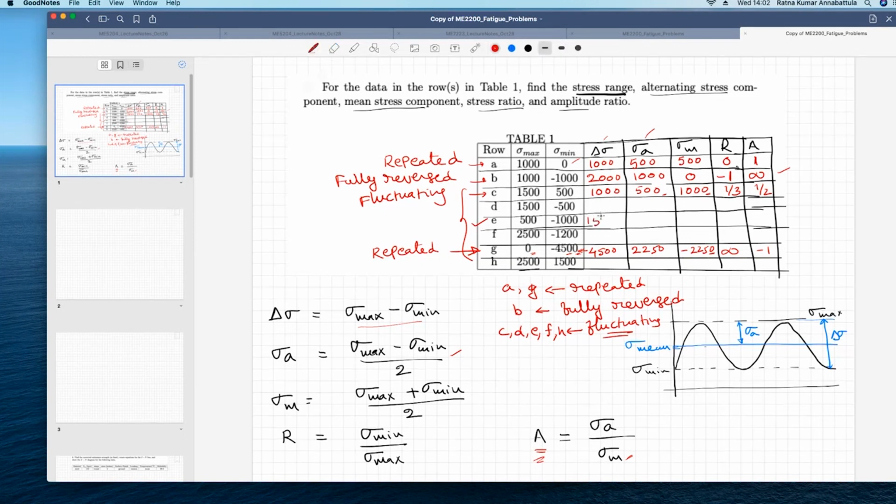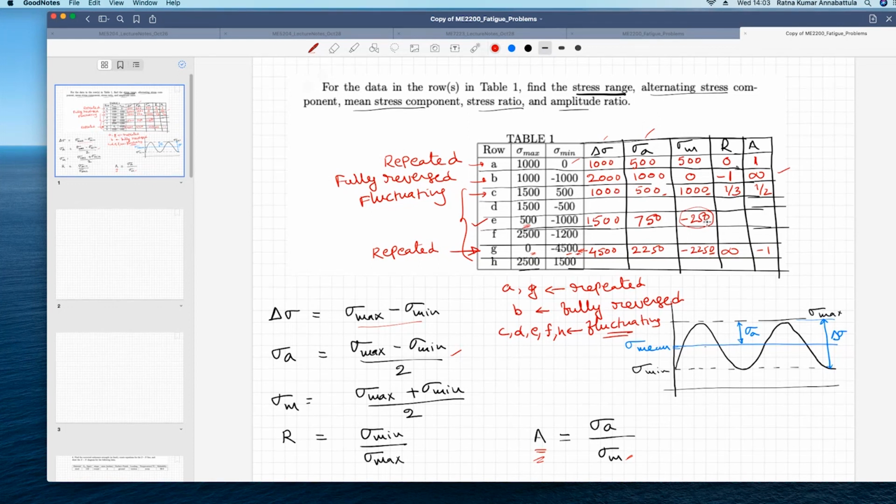Delta sigma is 1500, and sigma A is 750, and the sigma mean is 500 minus 1000, that is minus 500 by 2, so that is minus 250. That is your mean stress. So here you have some maximum stress in the tensile regime, but the mean stress is compressive in nature. That is another special case.